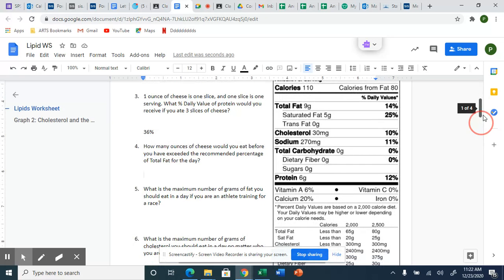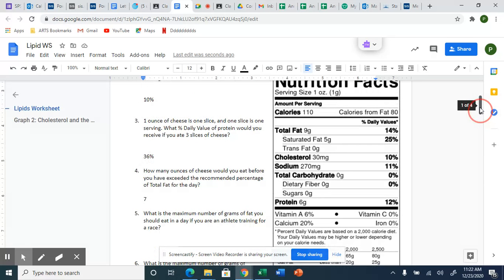We have 9 grams. To figure this out, 64 divided by 9 would be 7.11. So I would say 7 servings would be too much.